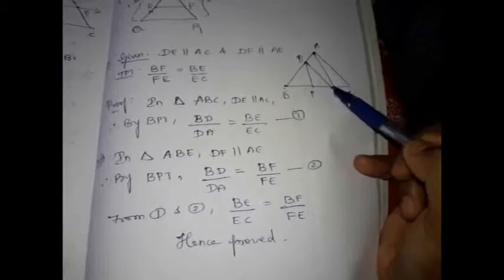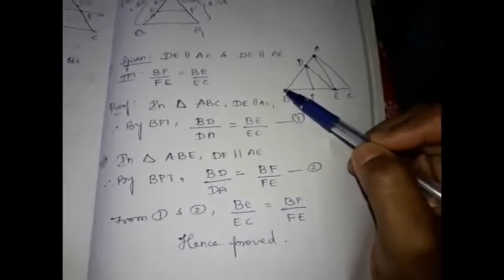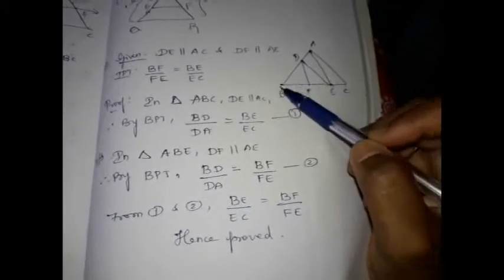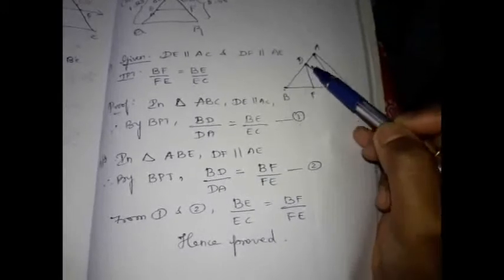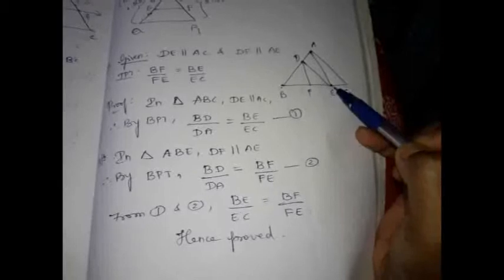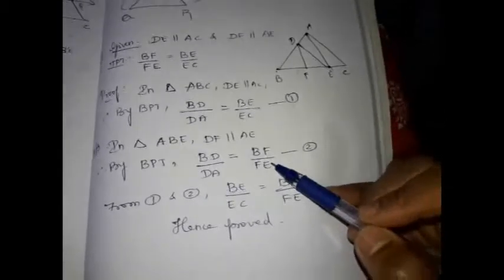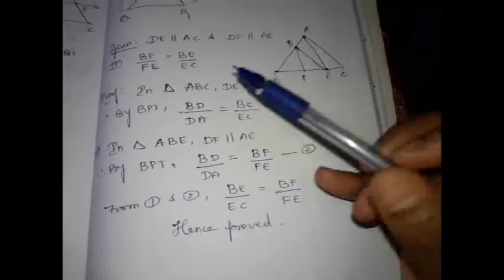So take the proportion as BD by DA equals BF by FE. From 1 and 2 we infer that both left hand sides are equal, therefore the right hand sides will become equal. So that's what we need to prove here, right?